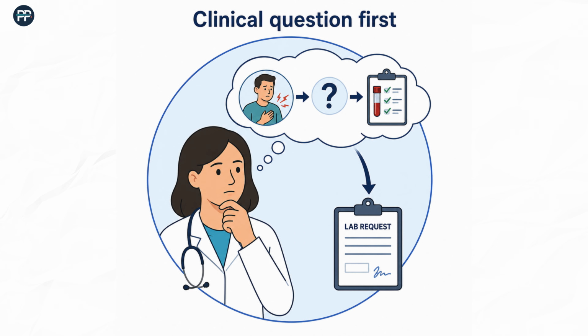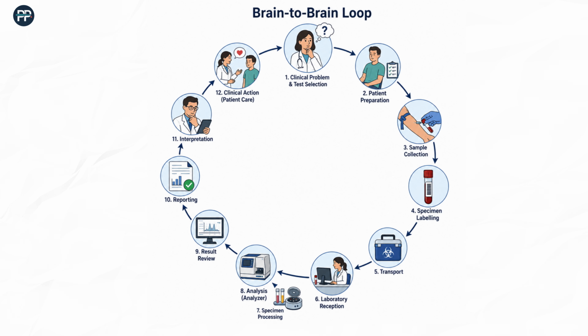That cycle begins in the clinician's brain when they recognize a clinical problem and decide which laboratory test may help answer their question. It then continues through patient preparation, sample collection, labeling, transport, sample reception, specimen processing, analysis, result review, reporting, interpretation, and finally clinical action.